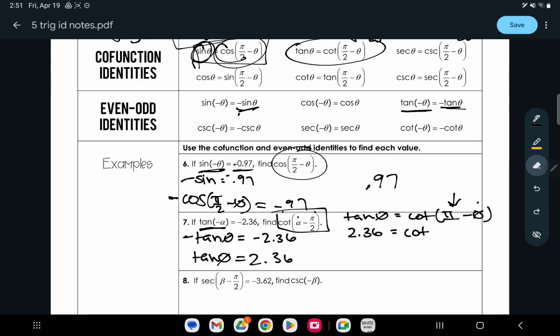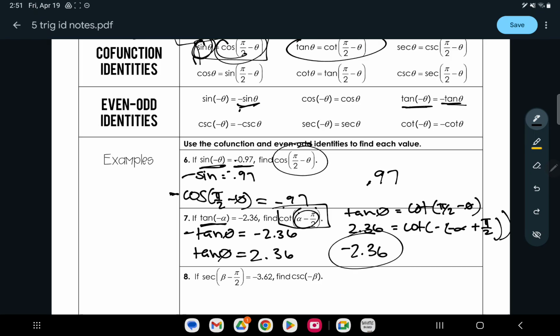I'm pulling a negative out of the wrong thing. Pull a negative out of this. And then negative means I can pull it out on the outside, so negative 2.36.